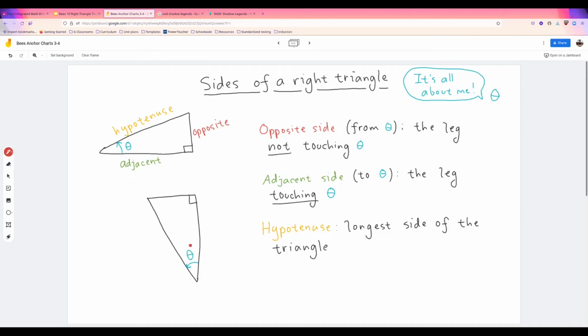So where is the opposite side? Well, we need to find the leg that's not touching theta. This is the leg that's not touching theta, so it's the opposite side. Now take a moment and try to see if you can find the hypotenuse and the adjacent side.